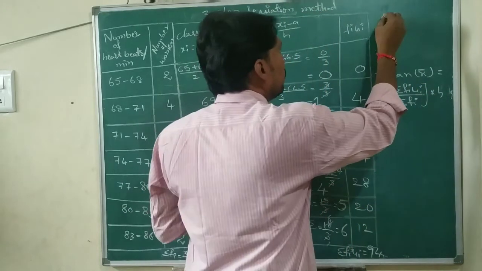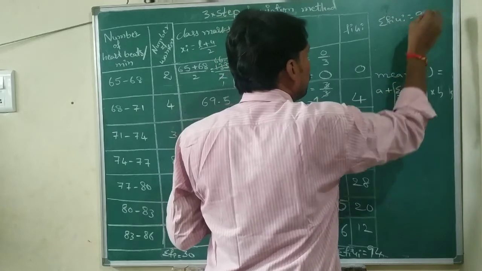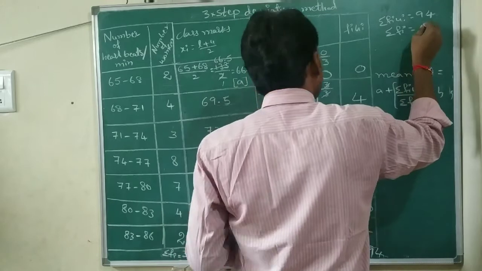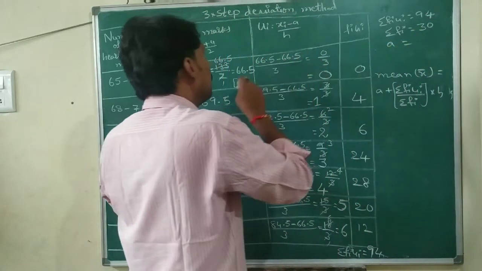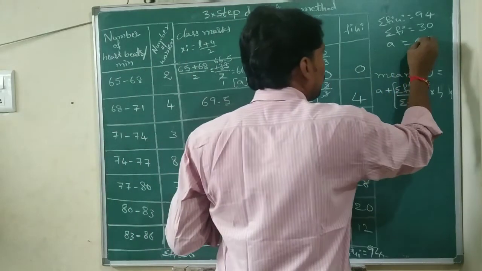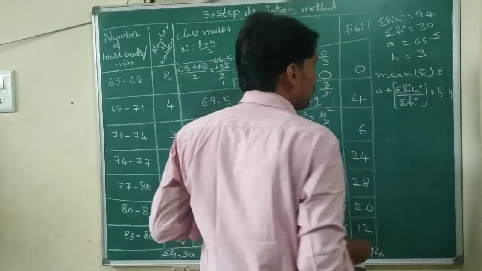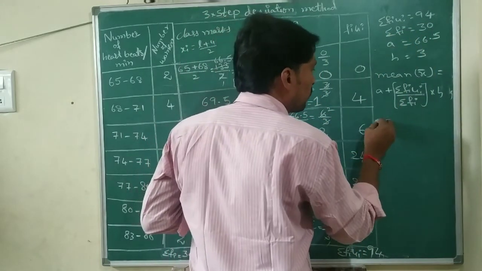Before that, sigma fi ui value we got is 94, and sigma fi value we got is 30. The value of a we assumed is 66.5, and the h value we took is 3. Now substituting all these values in this formula, we get the answer.